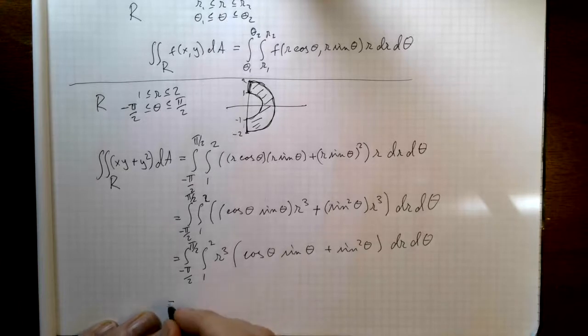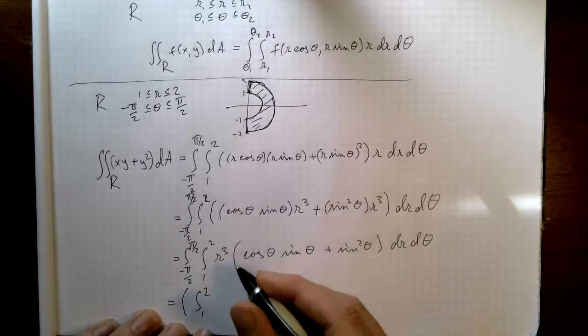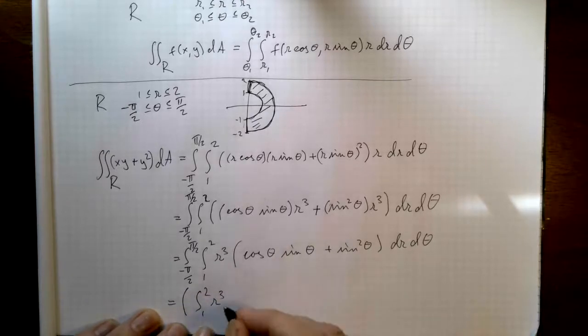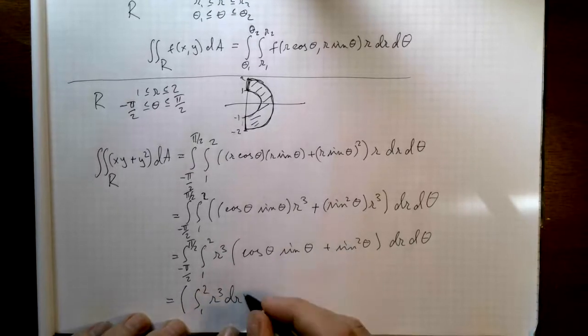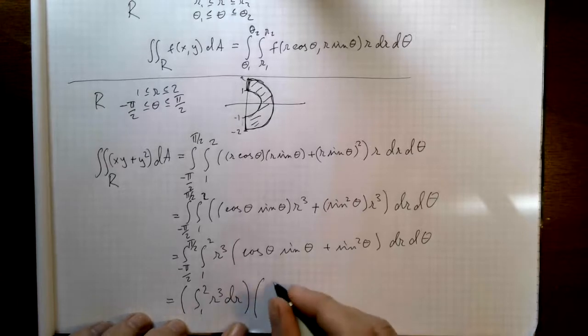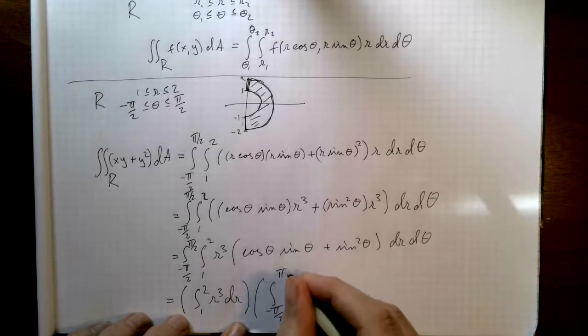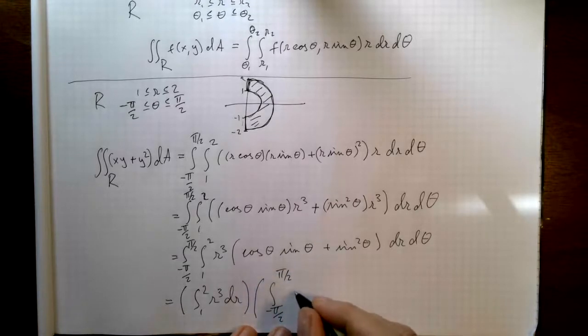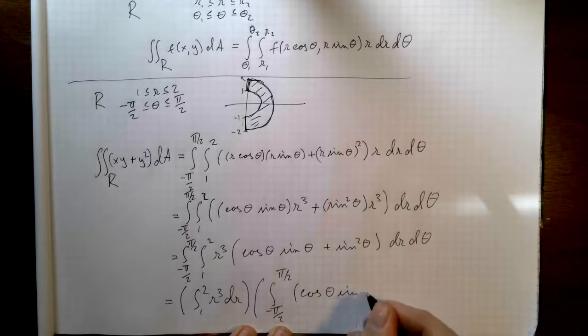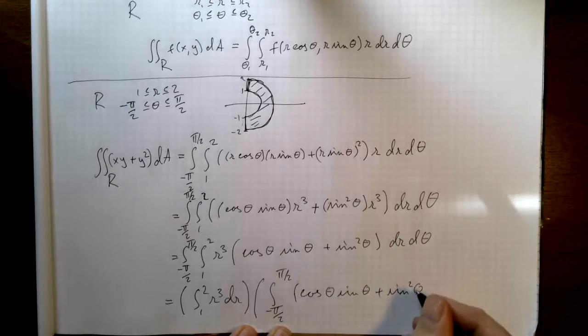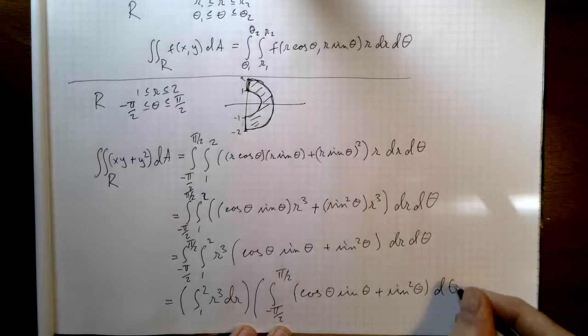So that means I could write it as a product of two integrals: the integral from 1 to 2 of r cubed dr, and the integral from minus pi half to pi half of cosine theta sine theta plus sine squared theta d theta.